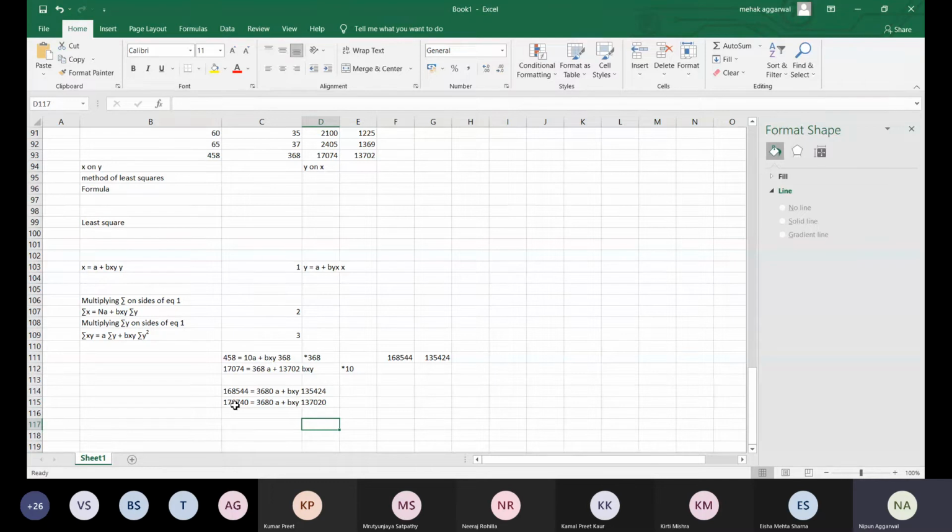Now elimination means subtracting. So after subtracting, a gets eliminated.